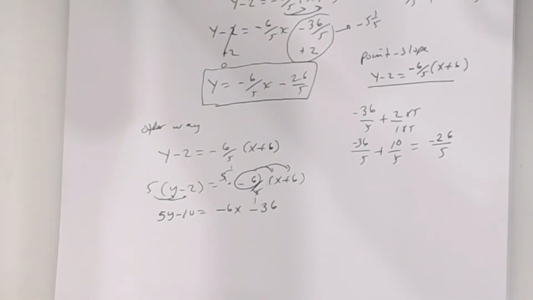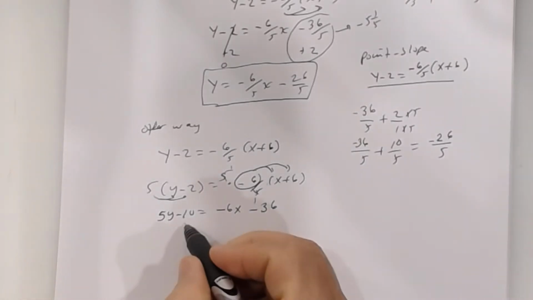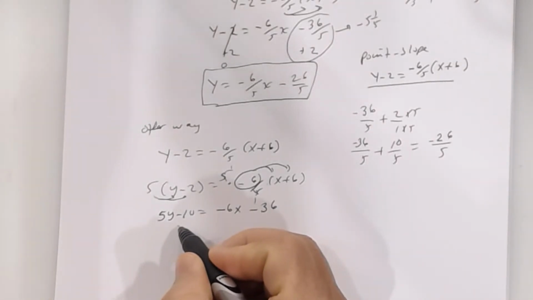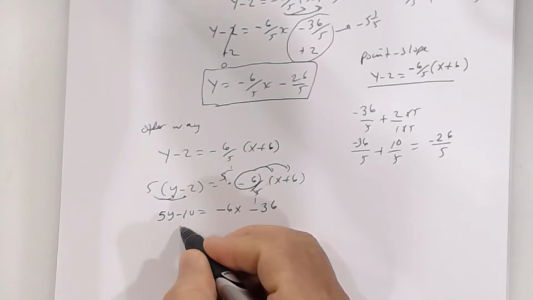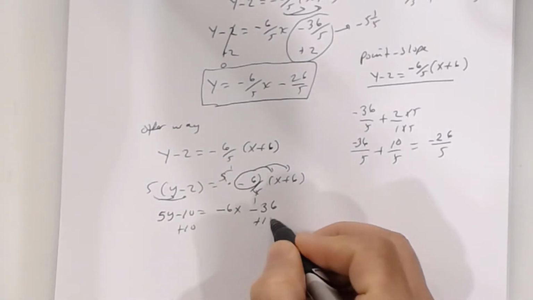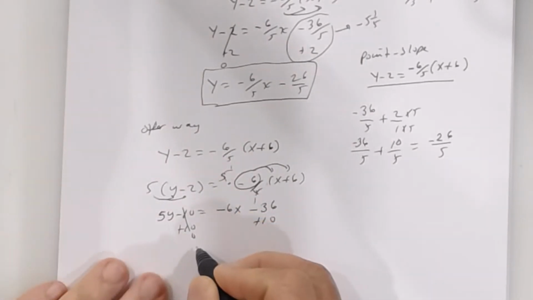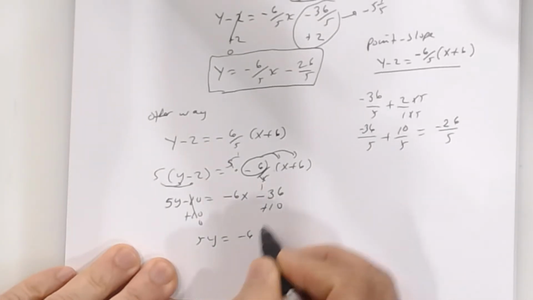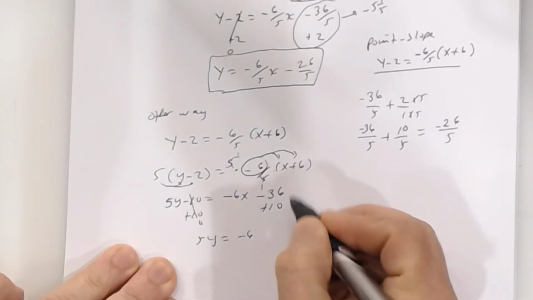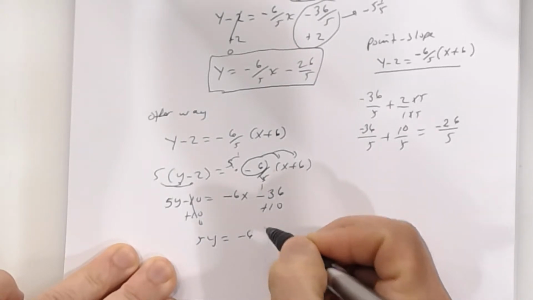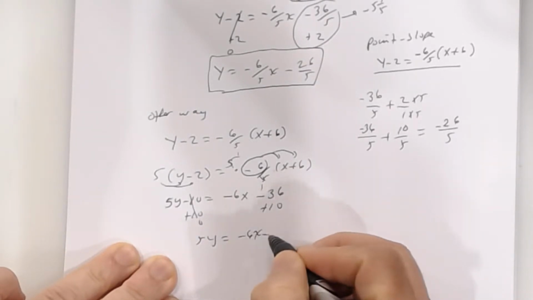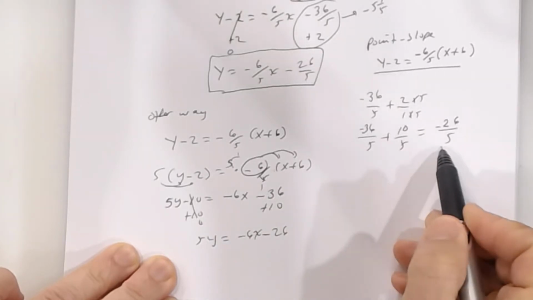Couple more. So you see, I no longer have fractions. Couple more steps and you're done. What's the next step? No, always do division last. Add 10 to both sides. So 5y equals negative 6x, and what is this right here? So it's a negative 26. Which is what this was, right?